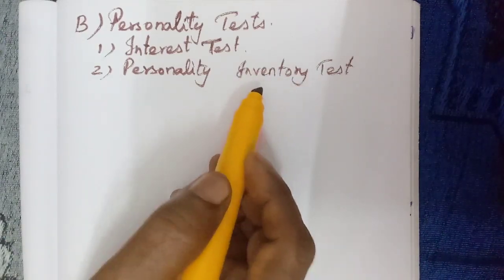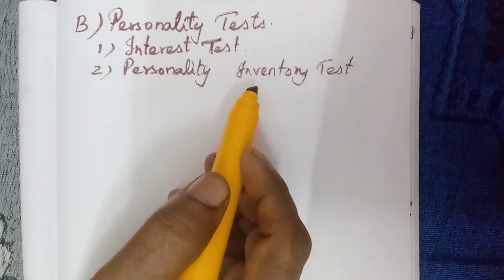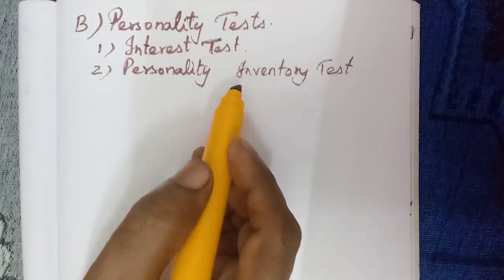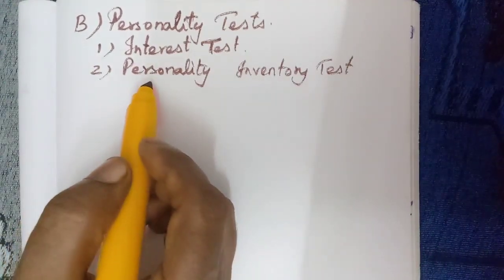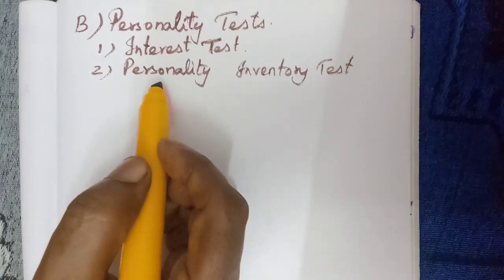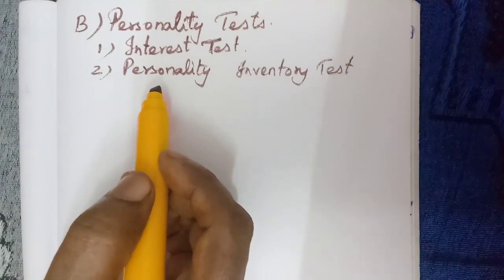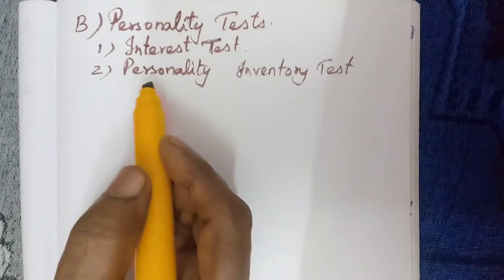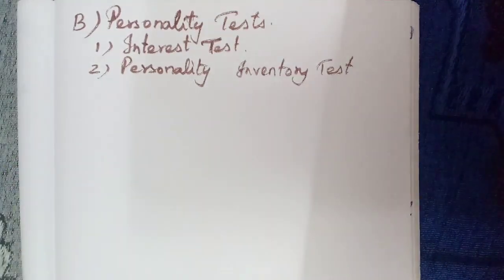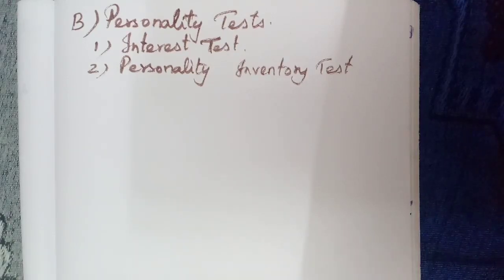Because their own characters, inborn characters, innate characters, their reliability will be checked. Each person will have some special inborn characters, talents. So some standardized questionnaire will be given to the candidates, and they will check their interpersonal skill, whether that person is introvert or extrovert.